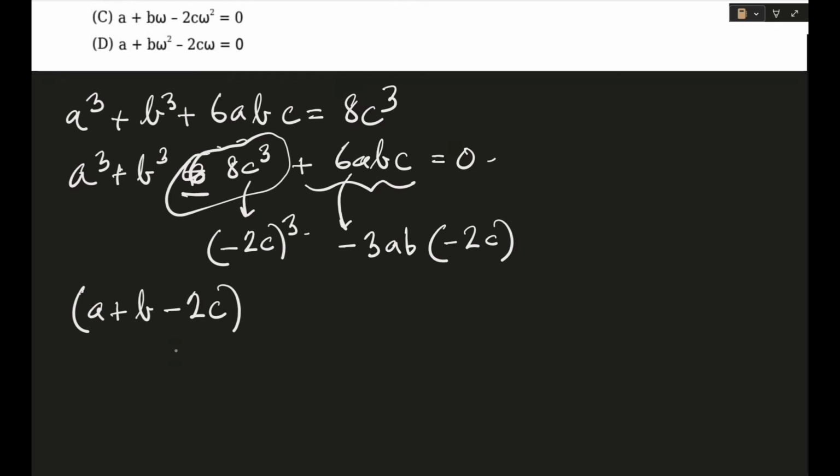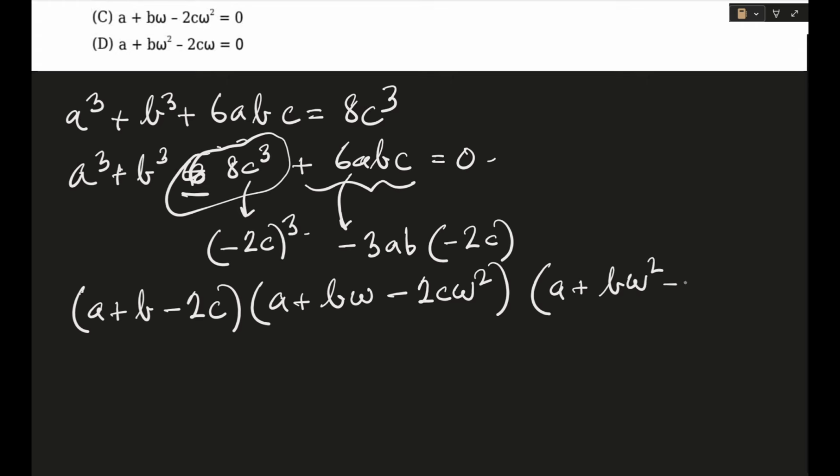And now you have to be a bit careful here, because this is actually an expression that you might have noticed in your textbooks. This is a standard expression. I will write it down first, maybe you will recognize: a plus b minus 2c into a plus b omega minus 2c omega square into a plus b omega square minus 2c omega equal to 0.